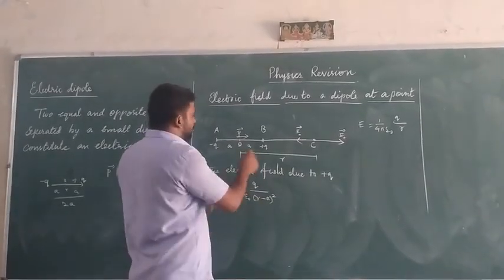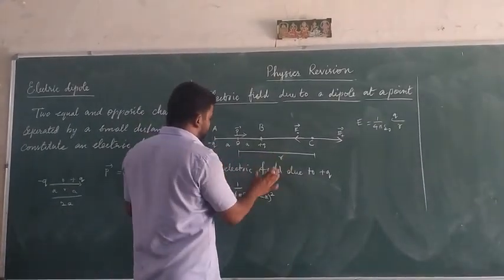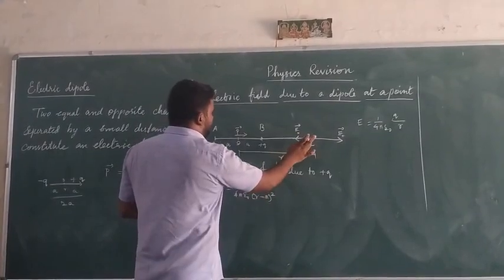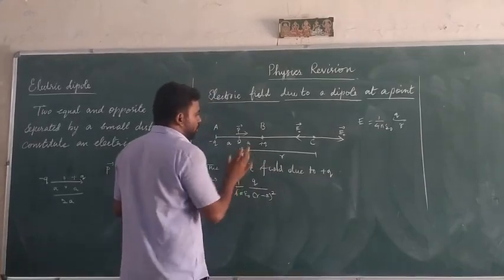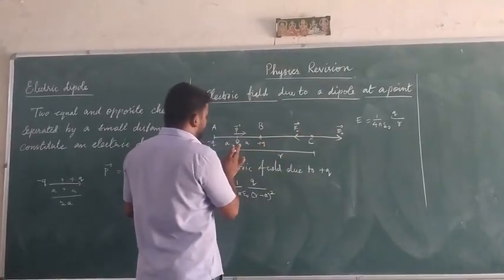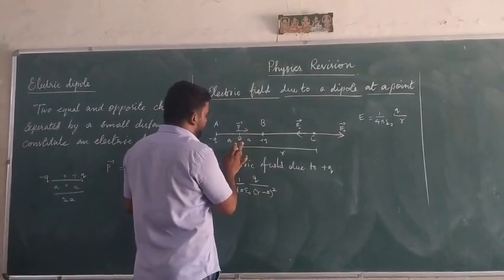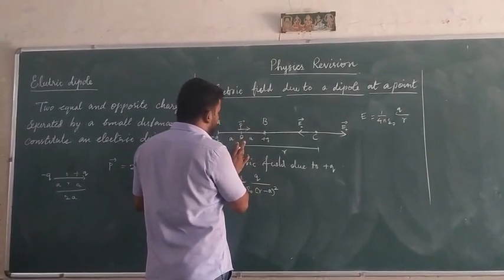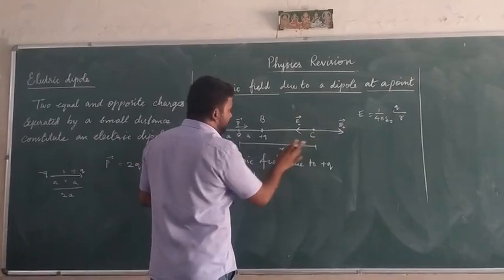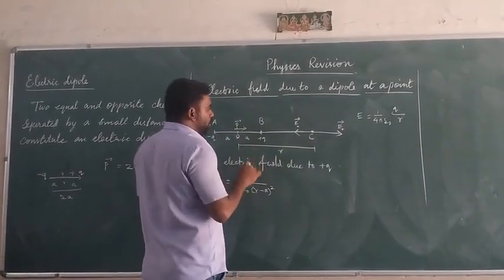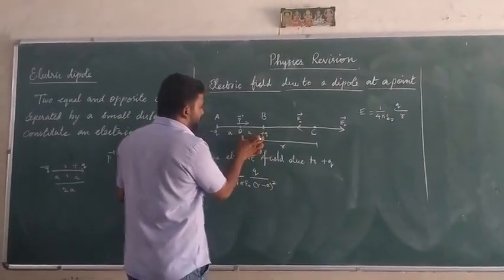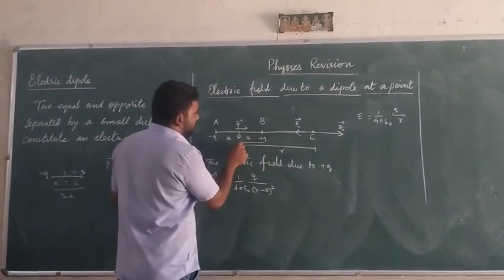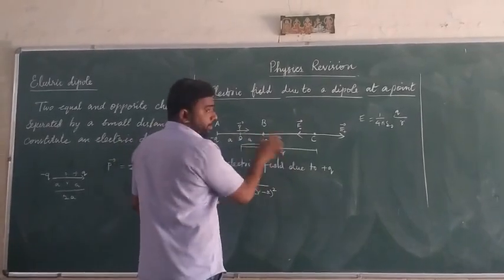Why? Because we are taking only the distance between the positive charge and the point C. We know the distance from the midpoint of the dipole to the point C is r. So if we want to know the distance from point C to the positive charge, we have to subtract a from r.